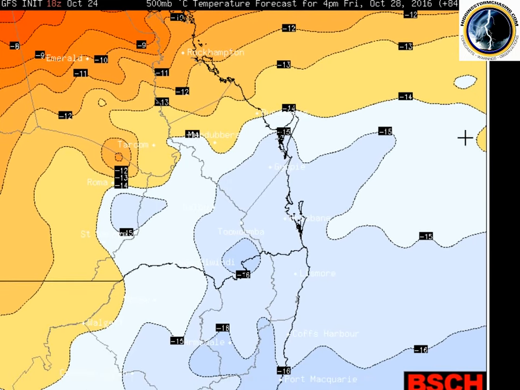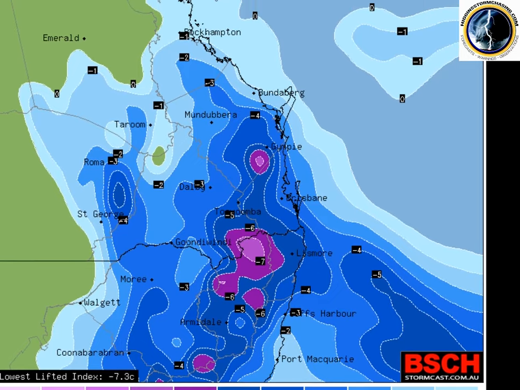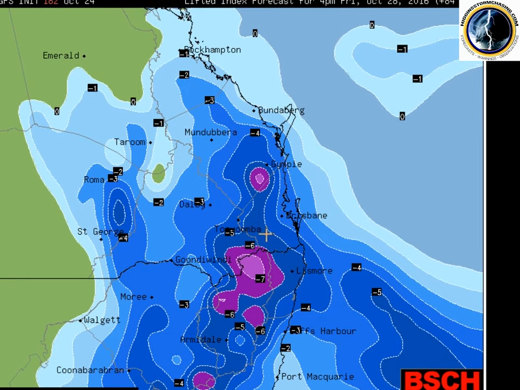So on Friday, here is our upper level trough and our cold pool, which generates instability. You can see that it's firmly anchored over the southeast Queensland, northeast New South Wales region with a big pool of cold air above. And this is certainly reflected on the instability charts as well. You can see the dark blue shaded areas are high instability, with purple shaded areas getting up into the very high instability levels.